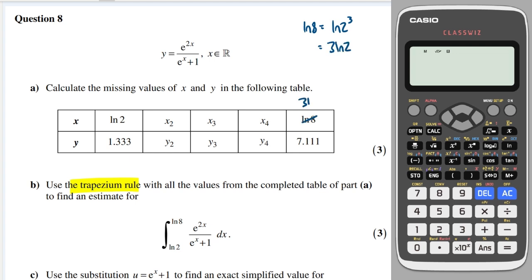So if I write that as 3 ln 2, then if this is 1 ln 2 here, then halfway between them would be 2 ln 2. So this would be 1.5 ln 2, and this would be 2.5 ln 2.